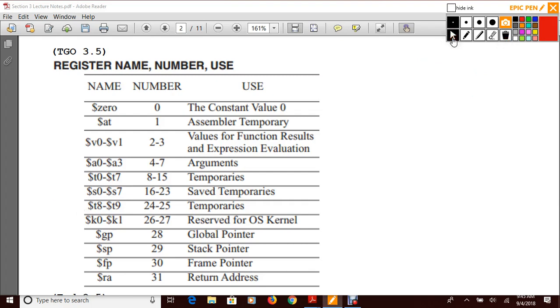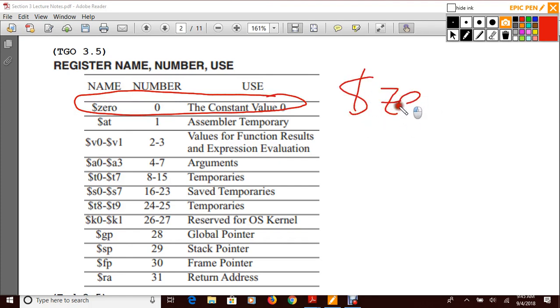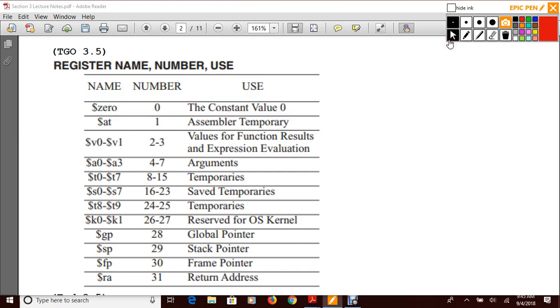So let's go here. First, $0 is a register that contains the number 0 and may never be written over. When we start getting into more details about how these instructions actually work, you're going to find that having a register that contains 0 becomes tremendously useful.